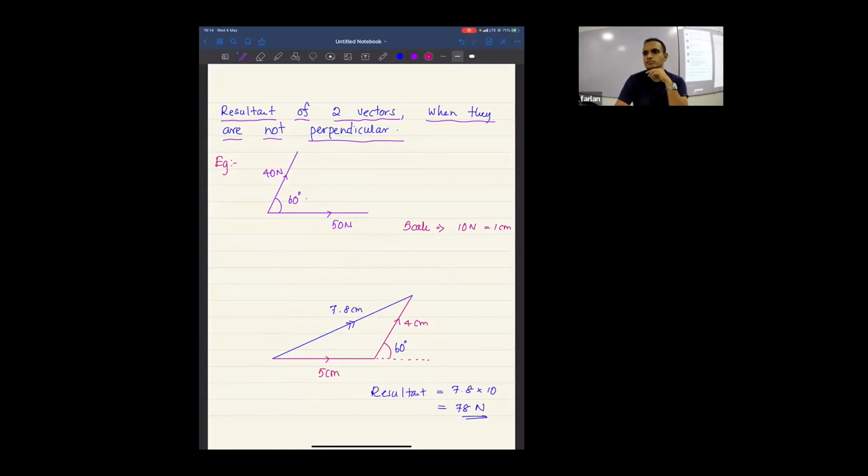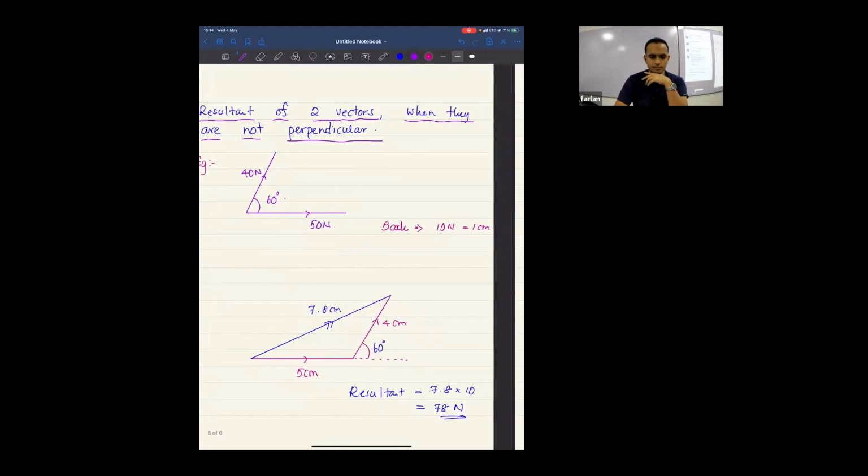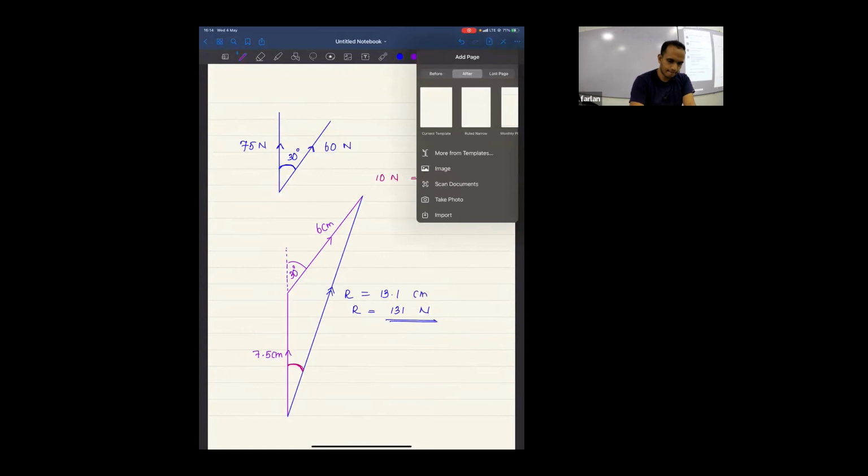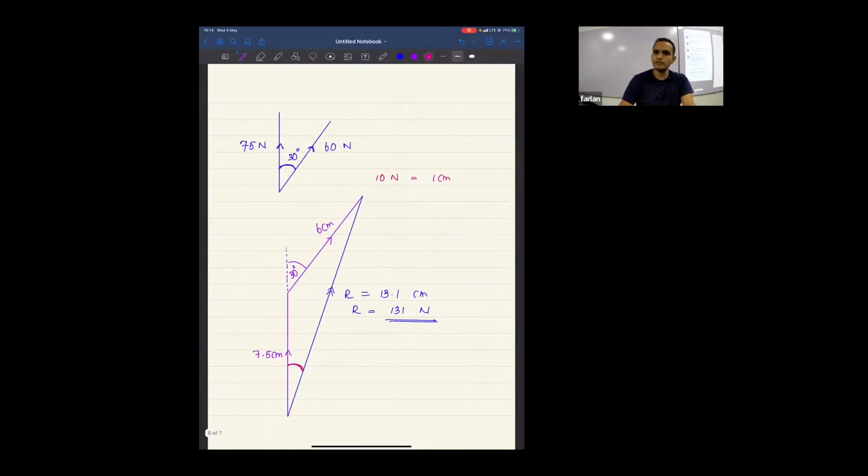Any questions, anyone? All okay? Yes, sir. 60 newtons is connected from the bottom when finally the resultant is drawn. That is what I have been telling all this time.